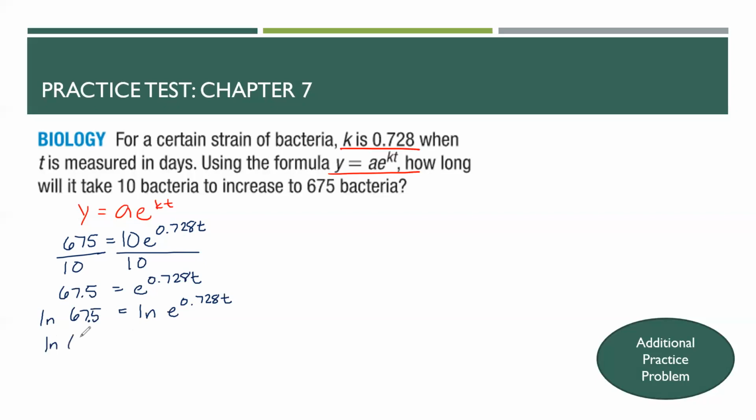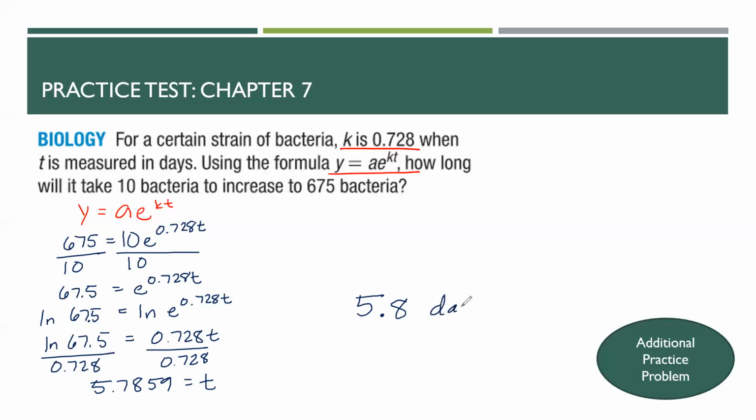So then natural log of 67.5 is equal to 728 thousandths t. And then we're going to isolate t. So we're going to divide both sides by 728 thousandths. So you can do that in your calculator. Natural log 67.5 divided by 728 thousandths. End up getting 5.7859 equals t, which is about 5.8 days, when you round this off. Okay, all right.